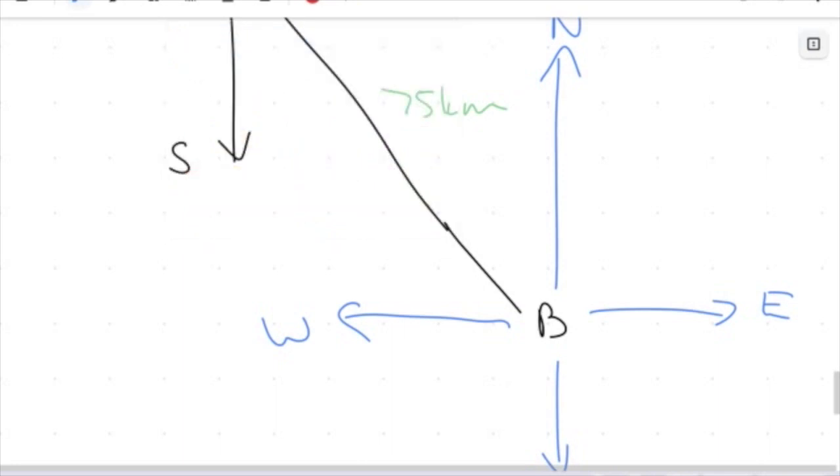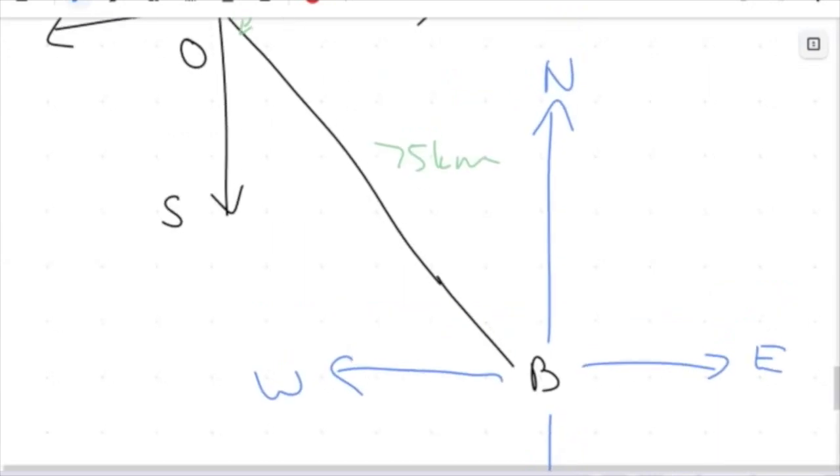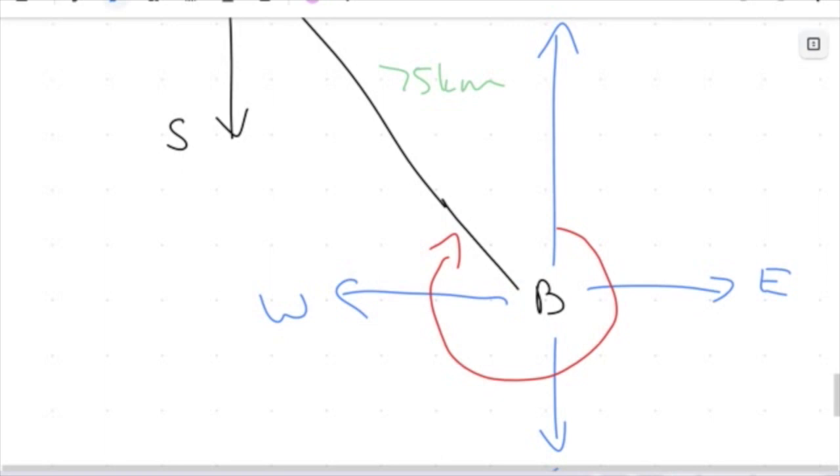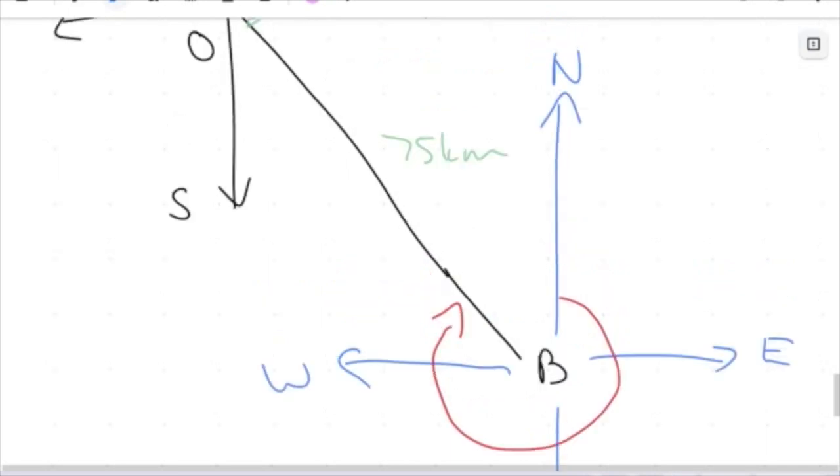Just to know exactly how we want to approach this question and what angle we're actually looking for in general, I want to look from the perspective of north from B and then figure out what the angle size is going in the clockwise direction before I get in line with this line stretching from B to O. So that is my unknown angle, and that's going to be the bearing I'm going to want to find.